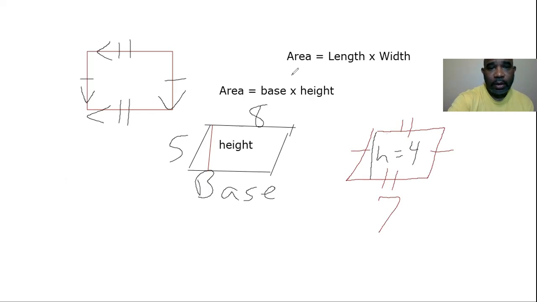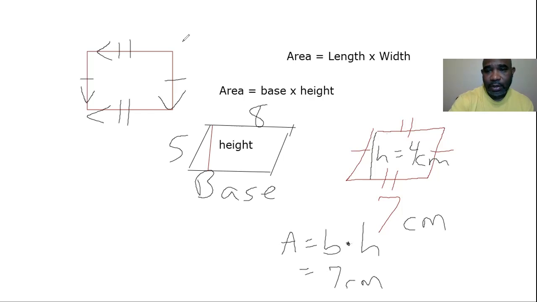Well, we know that the area is the base times the height. The base is 7. And let's say if this was centimeters we were dealing with, 7 centimeters times a height of 4 centimeters. 7 times 4 is 28 centimeters squared.